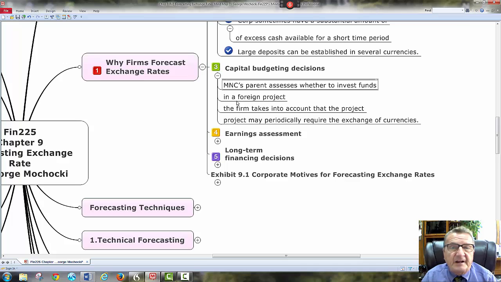So I know I got to have inflows and outflows with this project, so I'm already basically forecasting on the exchange rates, to make sure I have the right denomination of currency at the right time to pay off my construction or my capital budgeting investment that I'm required to do.